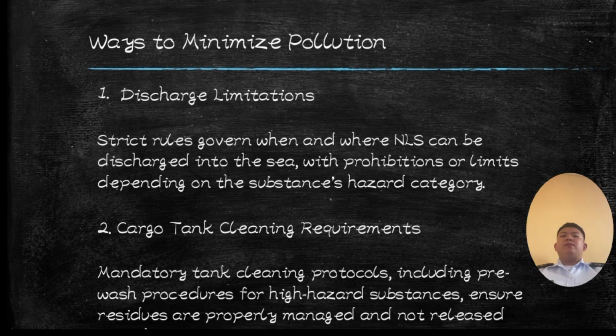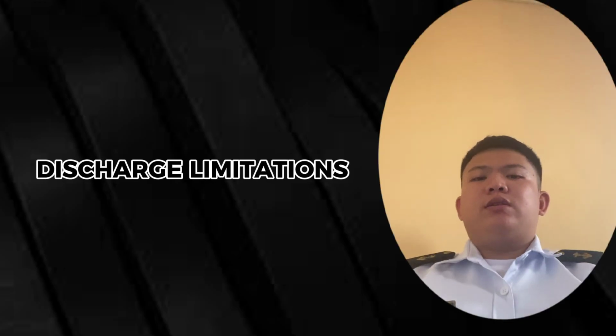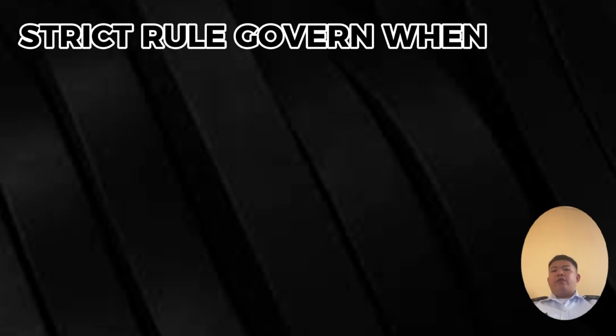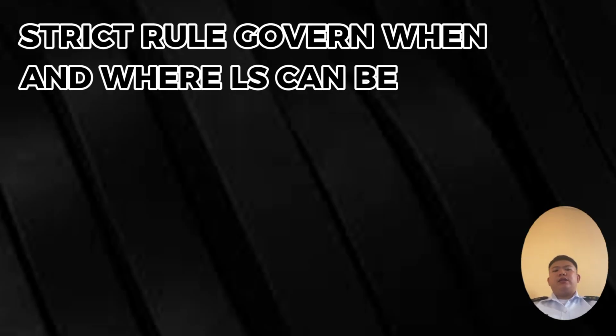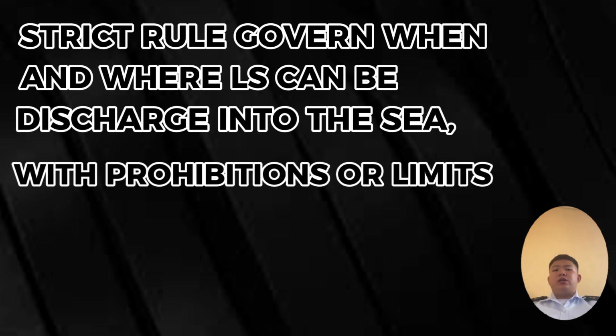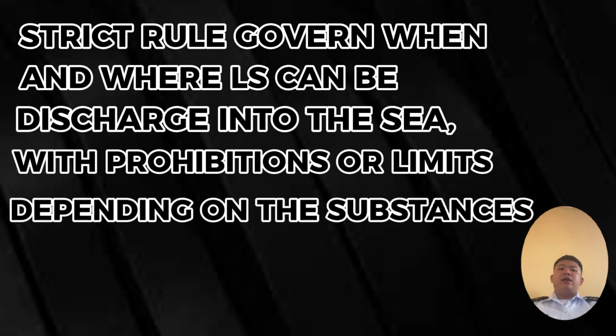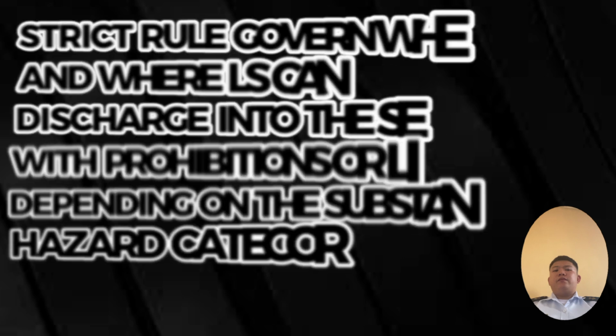Ways to minimize pollution. Number 1. Discharge limitations. Strict rules govern when and where NLS can be discharged into the sea, with provisions or limits depending on the substance's hazard category. It means that discharge limitations are strict regulations that govern the release of specific substances into the sea.